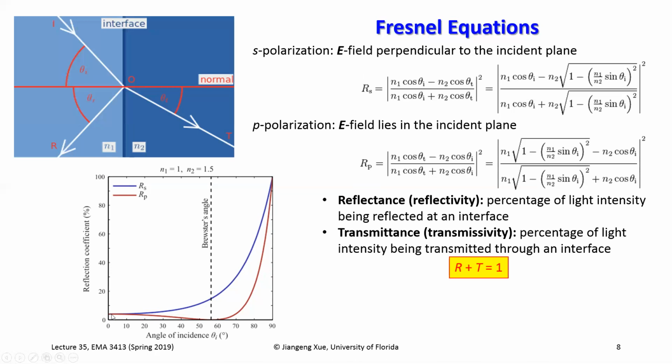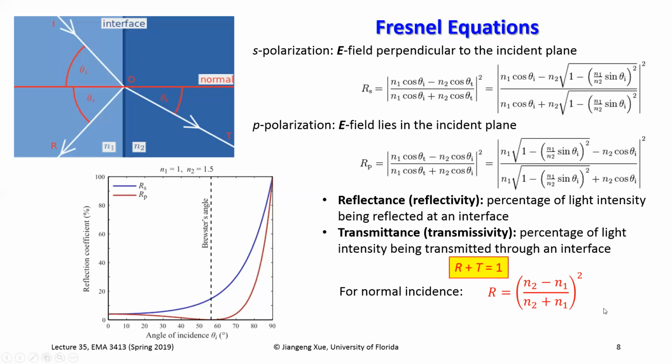They have the same value, but as the angle goes up, eventually both of them go to very high values. At 90 degrees, basically everything is reflected. But there is some difference between the S wave and P wave behavior. For the P wave, at some angle, the reflectance may go to 0, so nothing is reflected. And for normal incidence, RS and RP are the same, and they reduce to a very simple equation as I'm showing here.